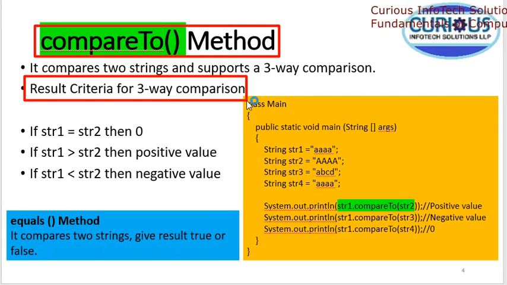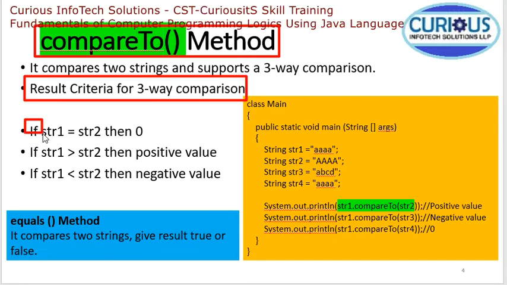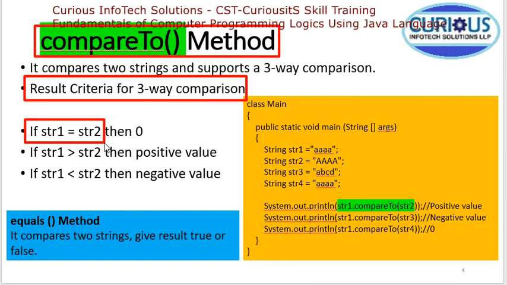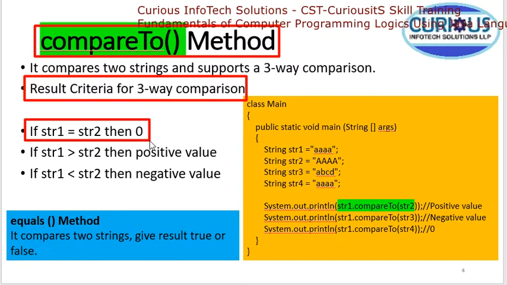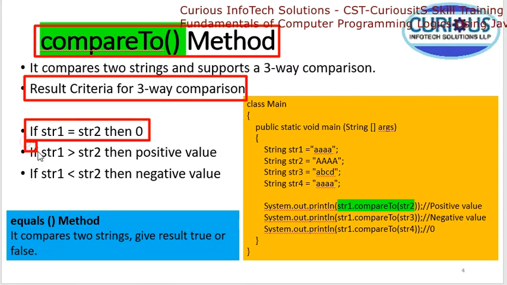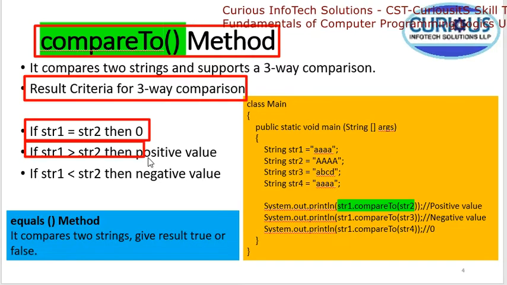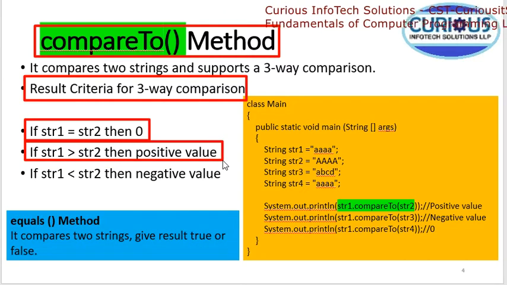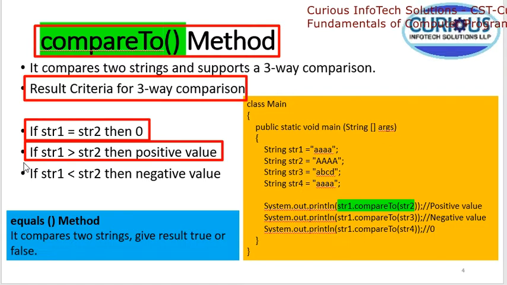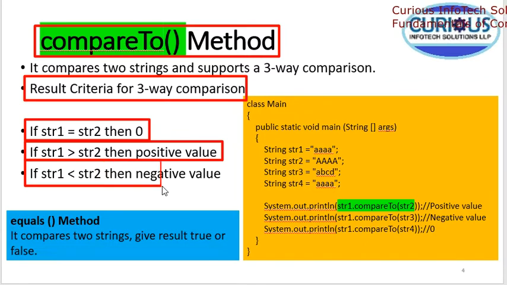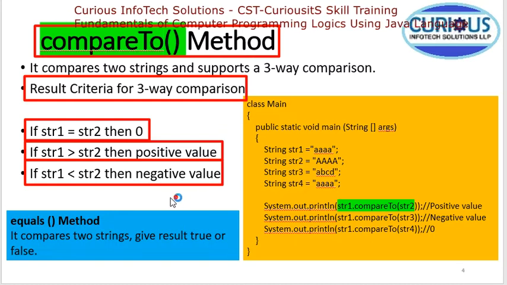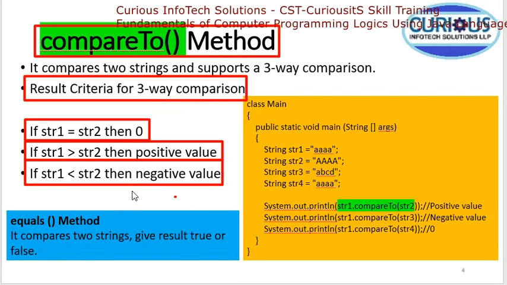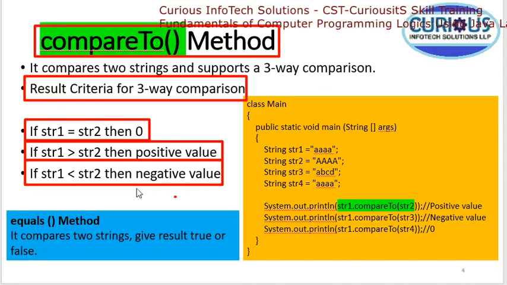First, if string 1 and string 2 are both equal, the output will be 0. If string 1 is greater than string 2, we should get a positive answer. And third, if string 1 is lesser than string 2, then the answer is a negative value. So like that, we will use the compareTo method.